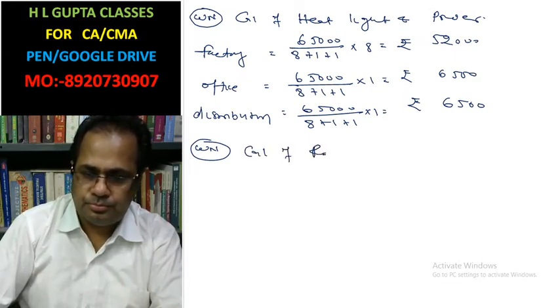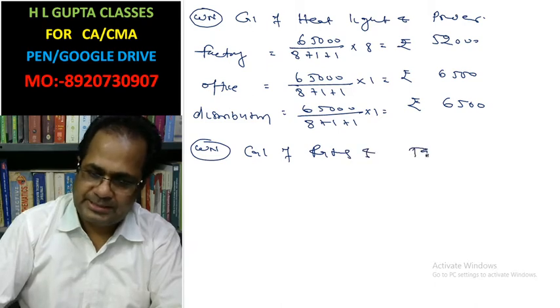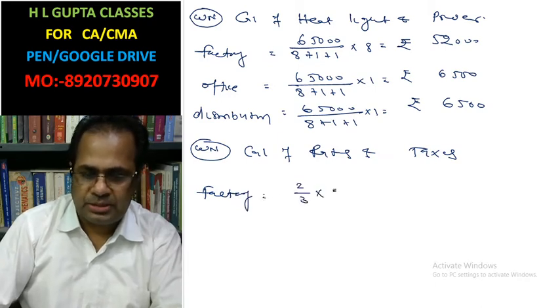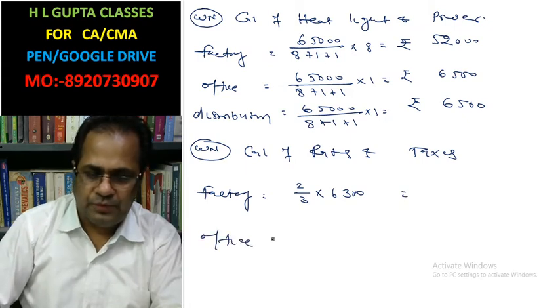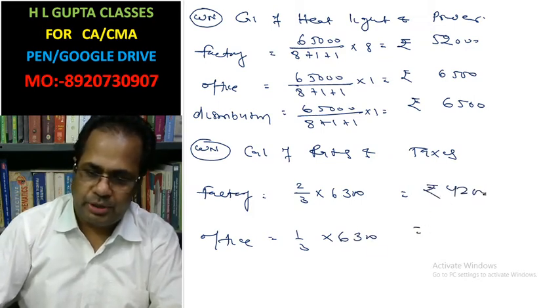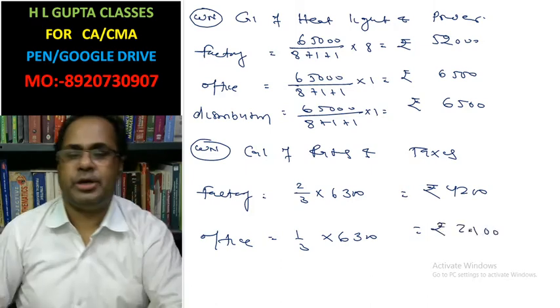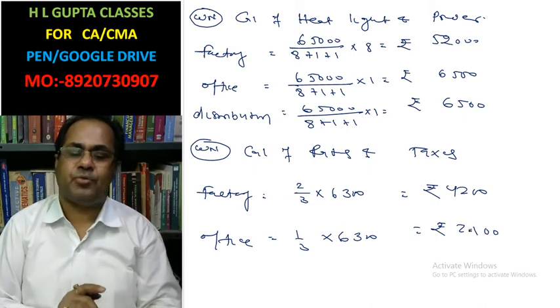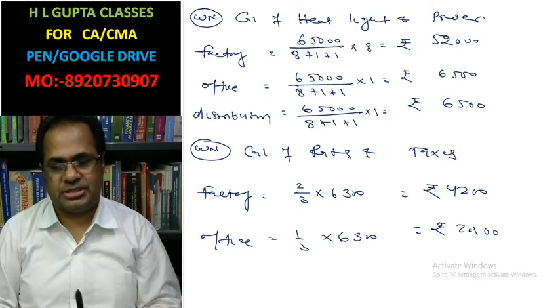Calculation of rates and taxes: factory 2/3 of 6,300, office 1/3 of 6,300, that is rupees 4,200 and rupees 2,100. These are the expenditures distributed among the factory, office and distribution, that is sales.